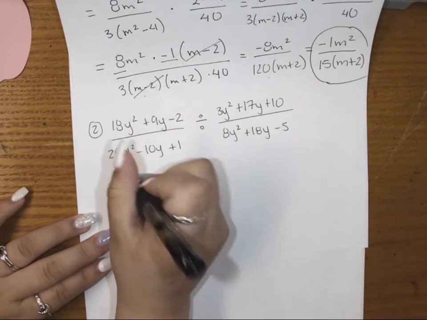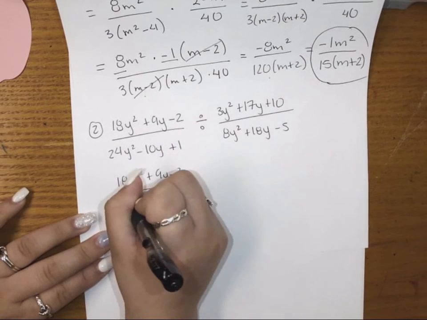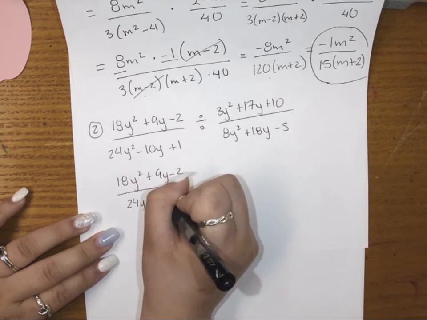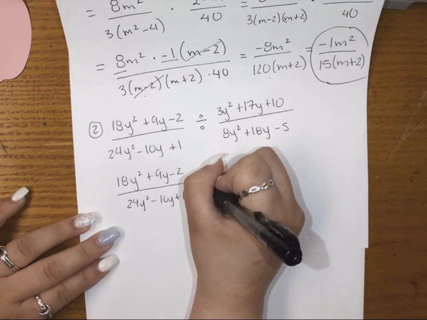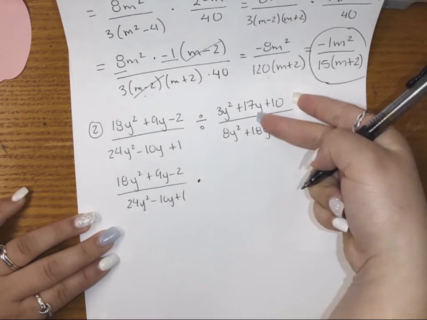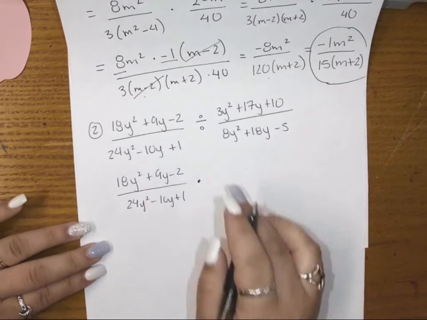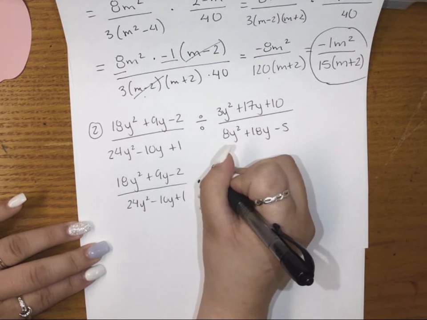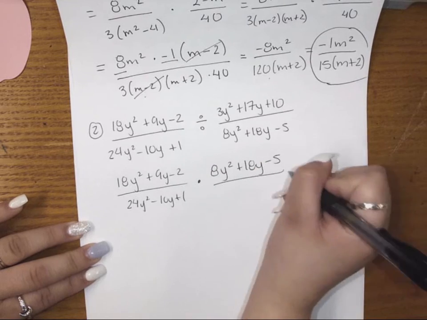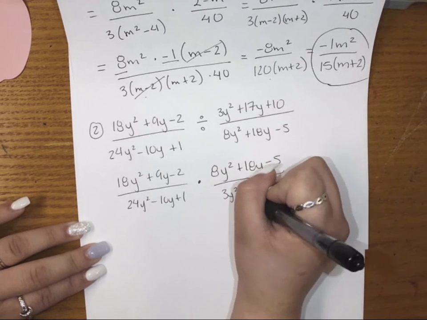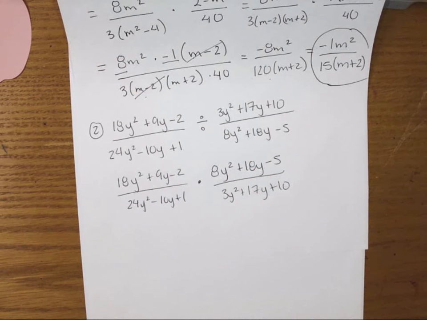The first step is we have to change it to a multiplication. So we take our first rational expression times, when we change it to a multiplication, we have to take the reciprocal. So you take your second one and you have to flip it. So the bottom becomes your top. So we have 8y squared plus 18y minus 5 over 3y squared plus 17y plus 10. So don't forget to flip it.